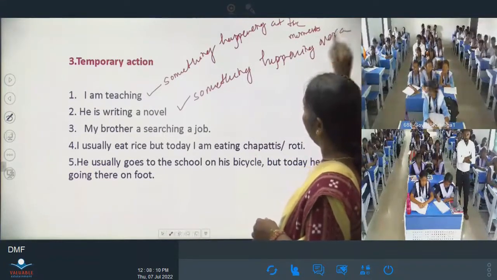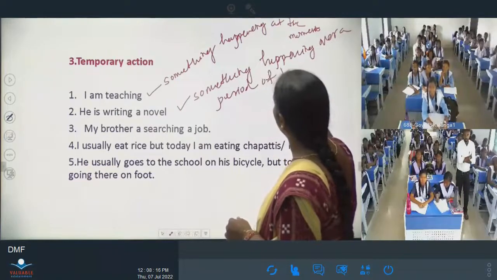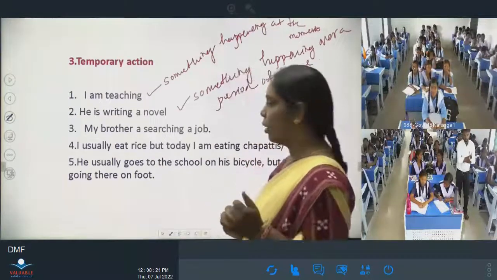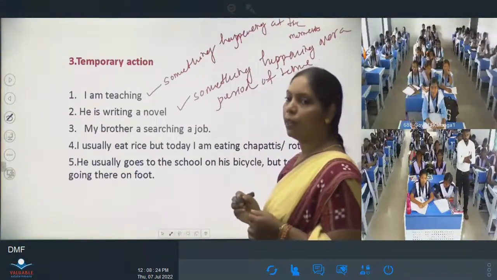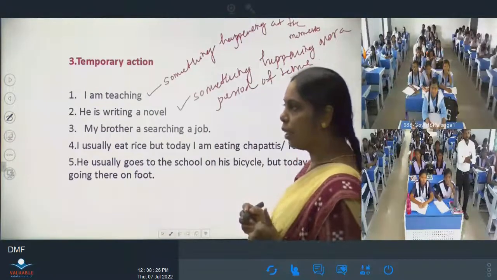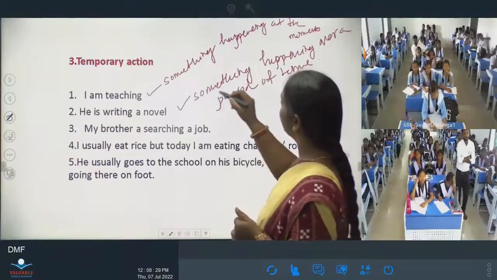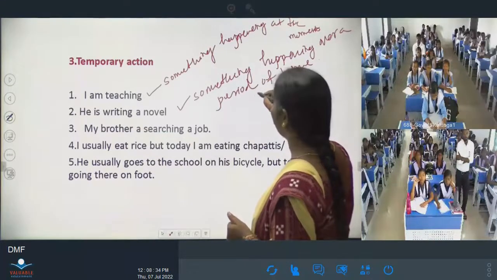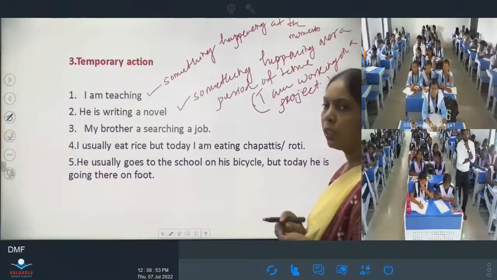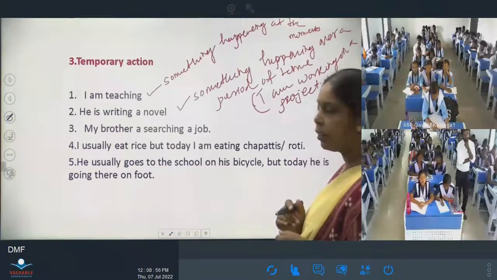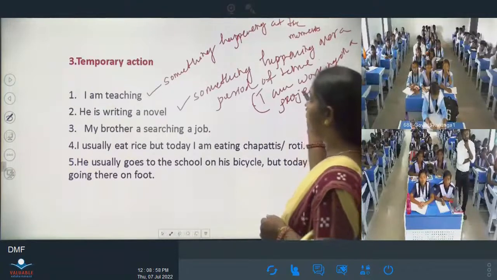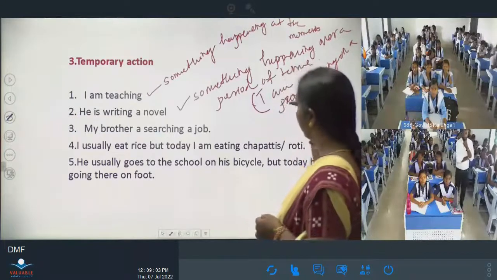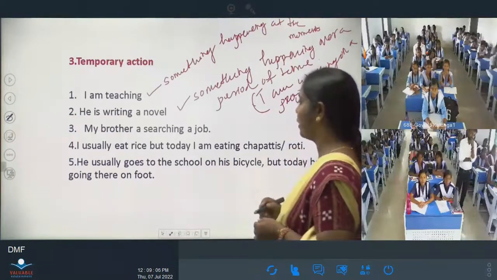The other example we can say is, I am working on a project. So this will also be an example of something happening over a period of time. The project will go on up to some extent. We can't say when the project will finish, and that's why we use present progressive tense.